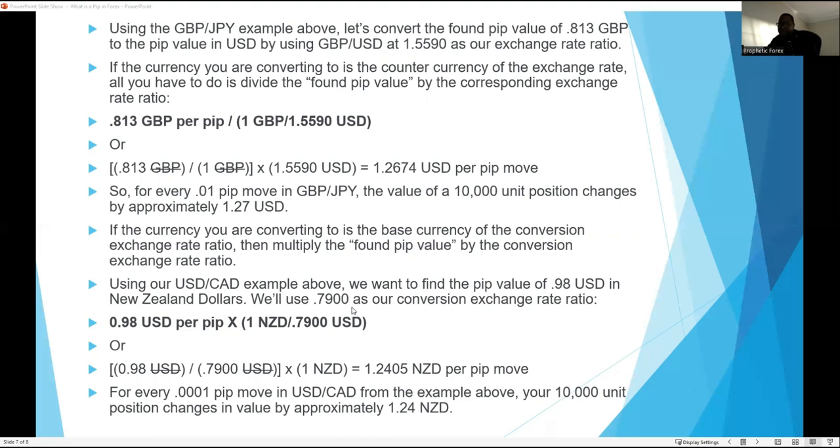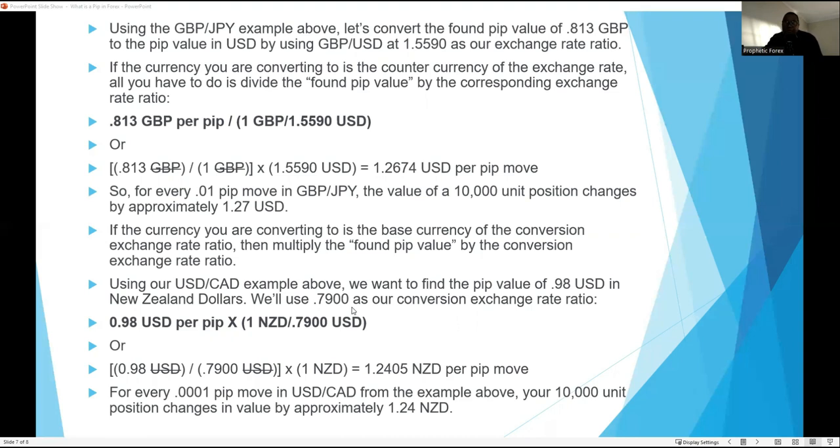And of course, if the currency you're converting to is the base of the comparison ratio, you simply multiply. For example, now using the USD/CAD above, we found that the conversion ratio was 0.7900. We take that and times it by the exchange rate of the NZD compared to the US dollar.